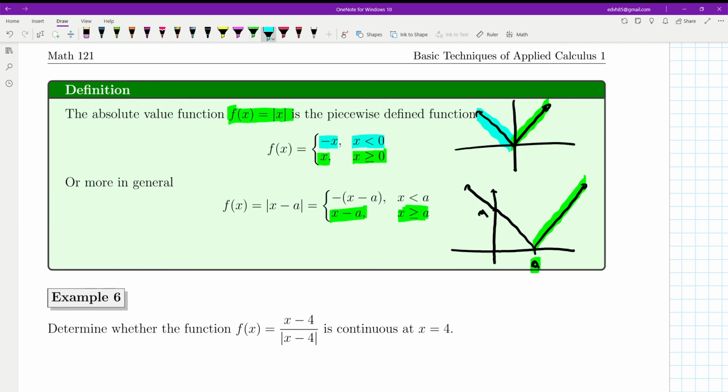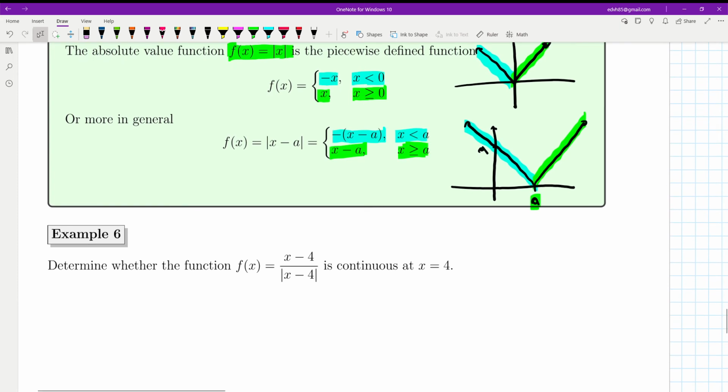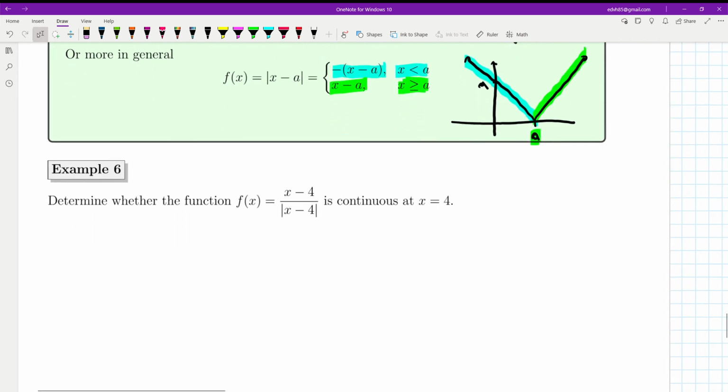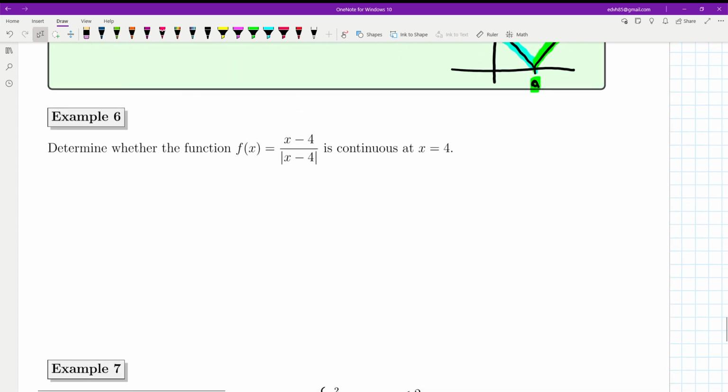On the other hand, we have negative x minus a for values to the left of a, which is where the cusp of the graph of the absolute value function is. And we're going to use this piece of information to determine whether the function f of x equals x minus 4 over the absolute value of x minus 4 is continuous. So let's see.